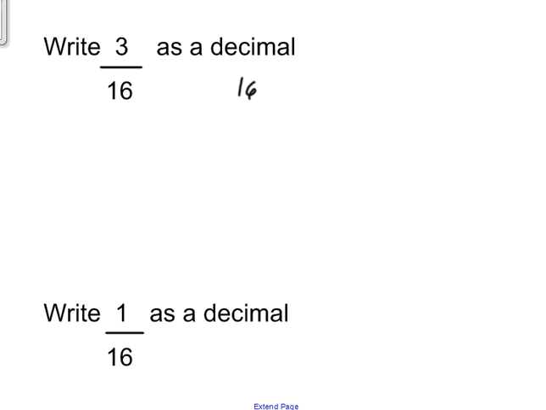We're going to take 16 and divide it into 3. We're actually going to work it out here. 16 won't go into 3, but it will go into 30. It'll go one time. 16 from 30 would be 14. 16 will go into 140, and I believe it'll go more than 6 times.